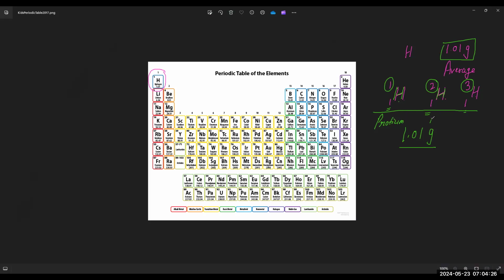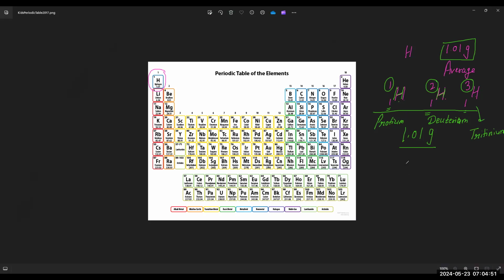And the second one is called deuterium. And the third one is called tritium. Tritium is very less in amount. So if you look at the average atomic mass, you can easily identify which isotope is more abundant there.